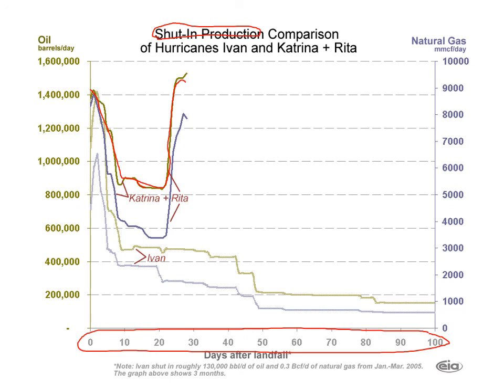And this shows that even 30 days after Katrina and Rita, or at least the first hurricane, I think the second big blip is the second hurricane, you had really extended periods of significant oil and gas losses.